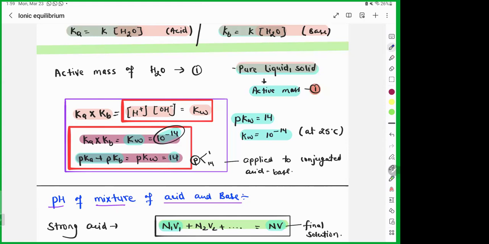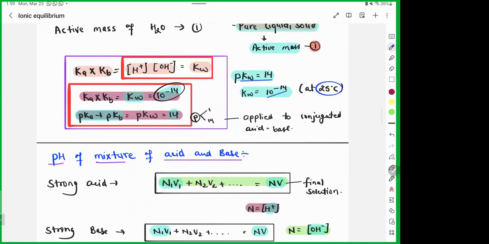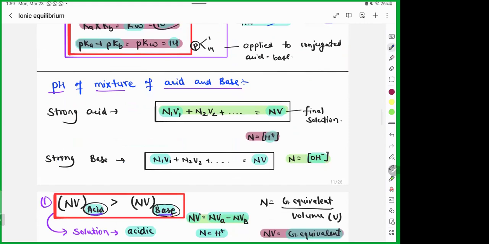Any doubt? So pKw value is 14, but Kw value is 10 to the power minus 14, but only at this temperature. If you increase temperature, pKw value will decrease. At higher temperature, pKw value will decrease.